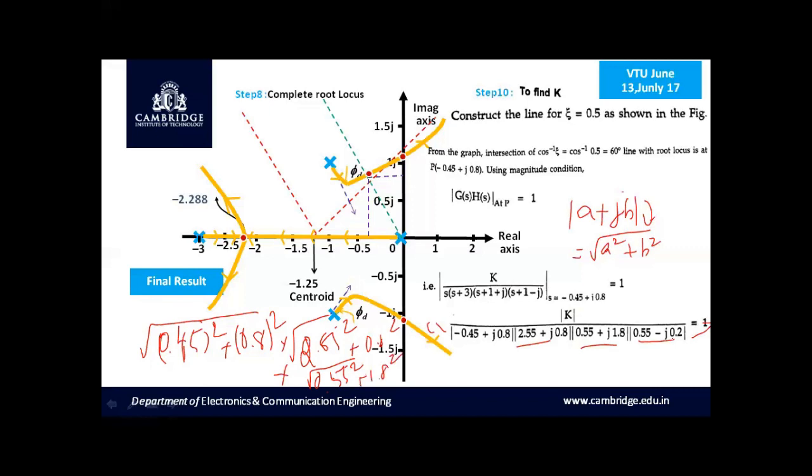Similarly, the last term is given by square root of 0.55 the whole square plus 0.2 the whole square, applying the formula.